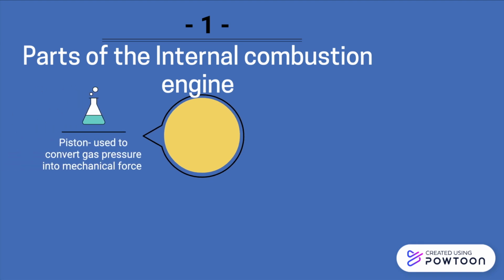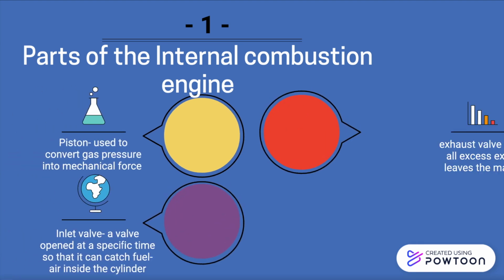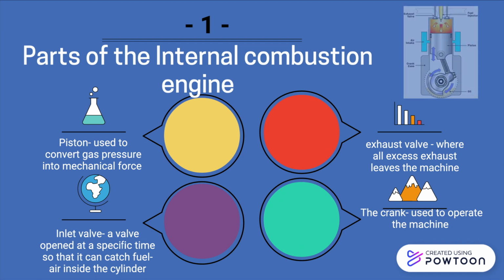Now, let's go on to the parts of the internal combustion engine. The parts are similar to your vocabulary words, because these are the things that you need to know as we go on and talk about the process of the internal combustion engine.